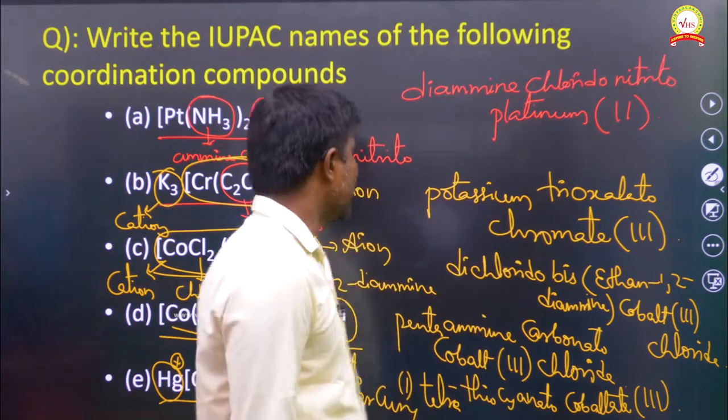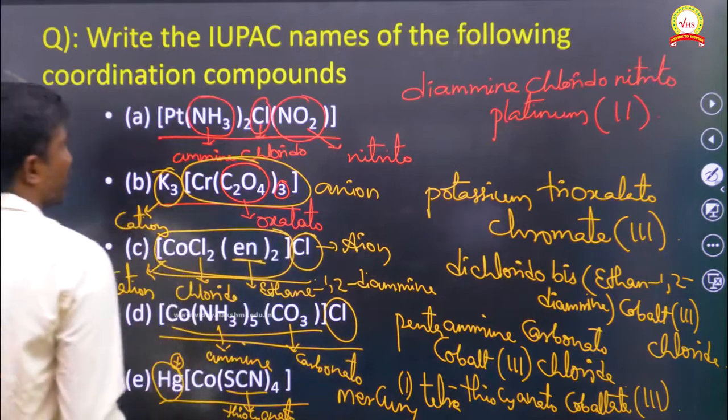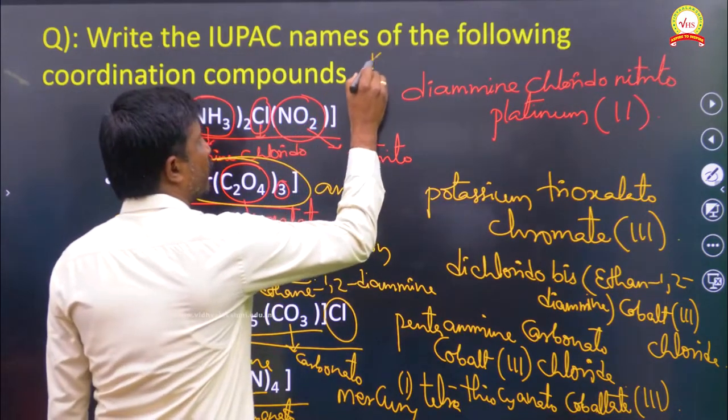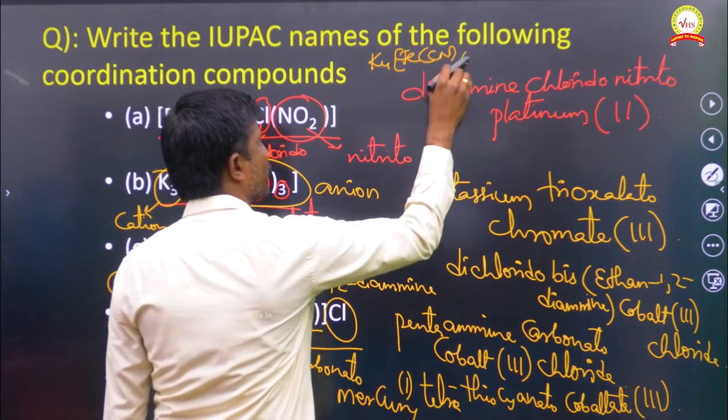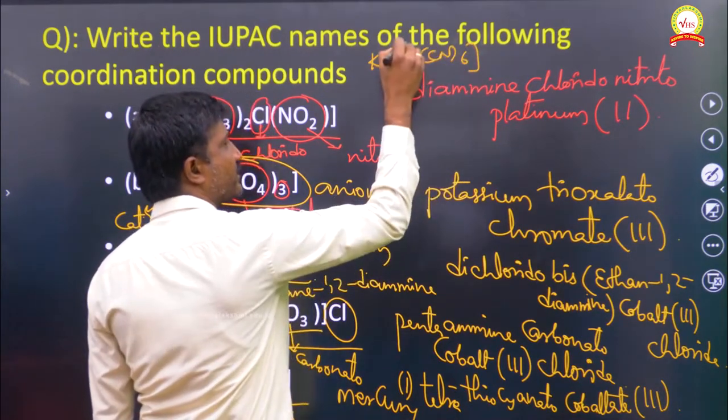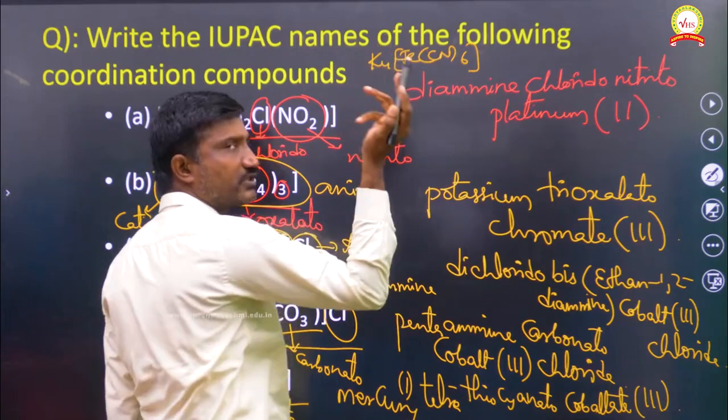Okay, so like that, let us take an example for this one. K4[Fe(CN)6]. The name of this compound we can write as, here the coordination sphere is the negative sphere and potassium is the cation.